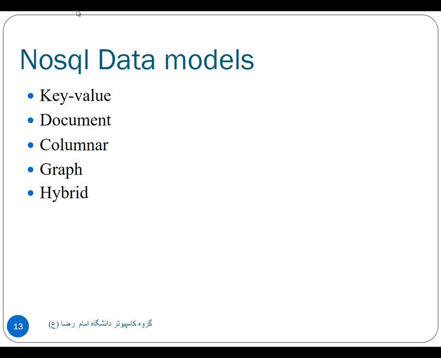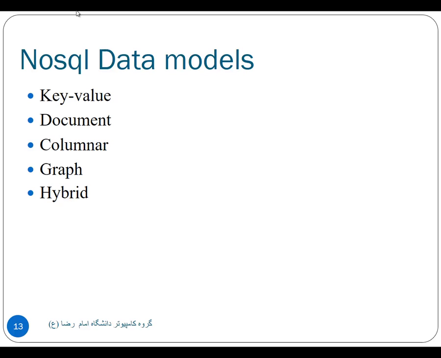Now we have different types of NoSQL databases. Here in this slide, I have named 5 different types of NoSQL database that we will talk about in this course. The first type is key value. The second type is document based.